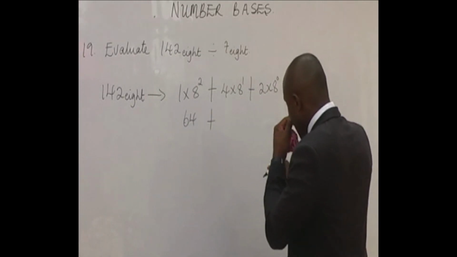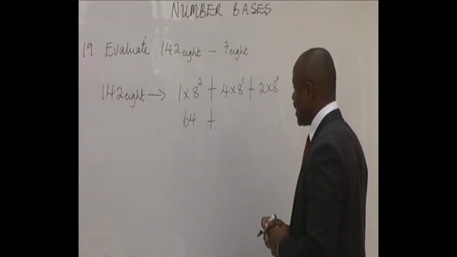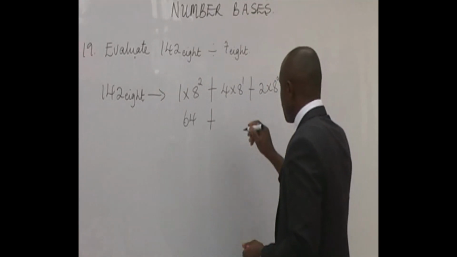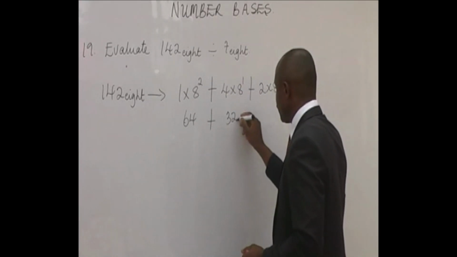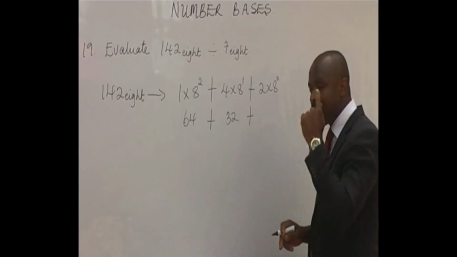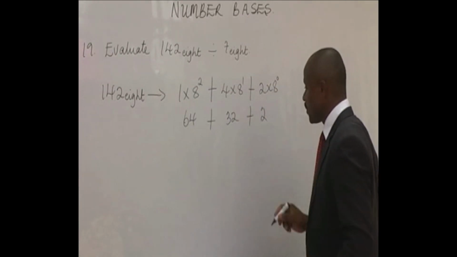Plus 8 exponent 1 means 8. Now 8 times 4 will give you 32. So we have 32 here. Plus 8 exponent 0 is 1. Then 1 times 2 is 2.